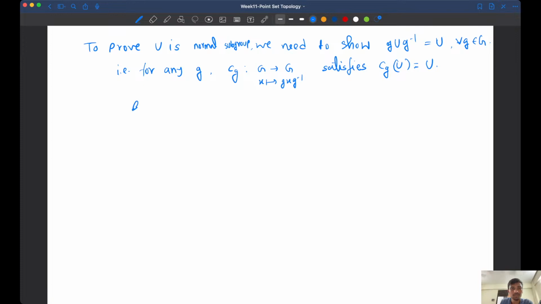But as C g is a homeomorphism, can you say this U is, or just continuous is enough? Homeomorphism I don't need, I just say continuous.